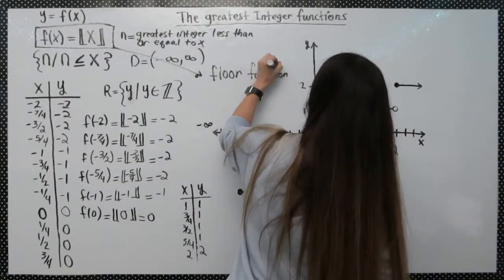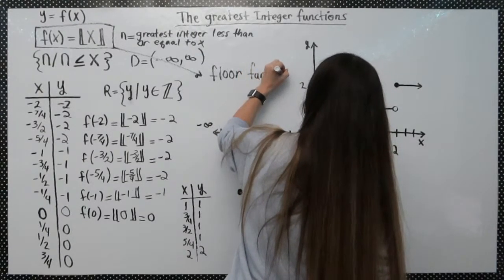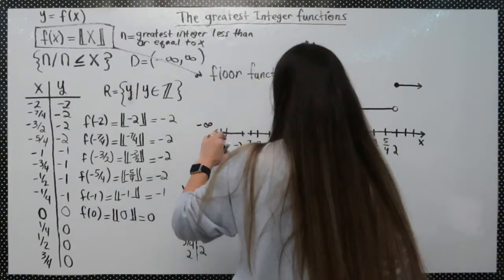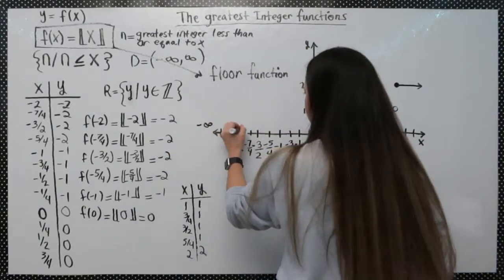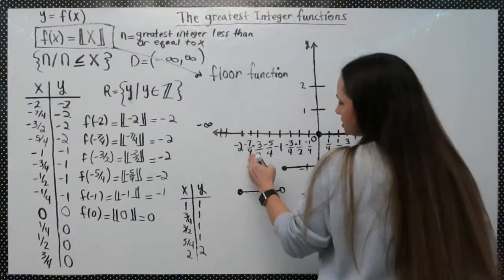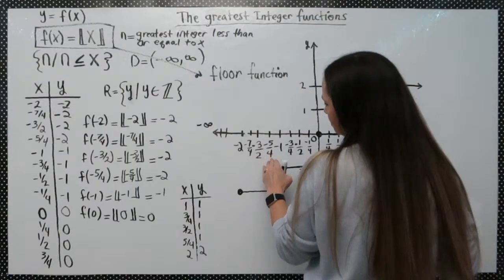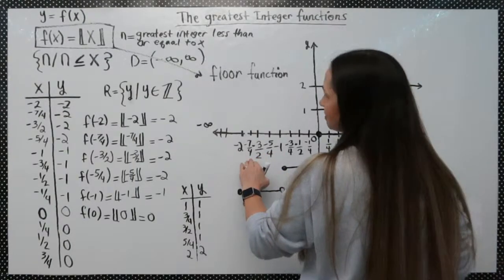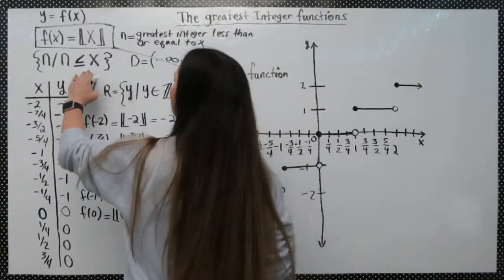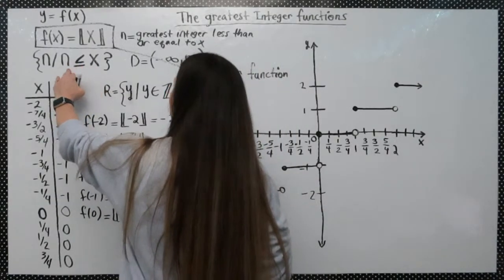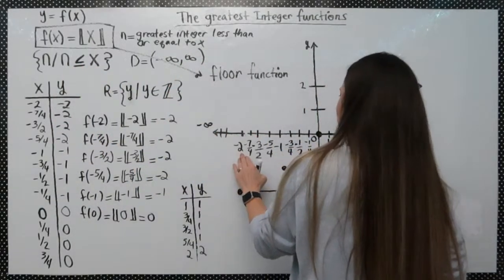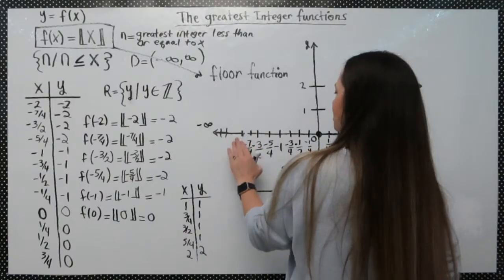Because it's taking the largest number, or it's taking and returning the smallest integer. So you're going down an integer.